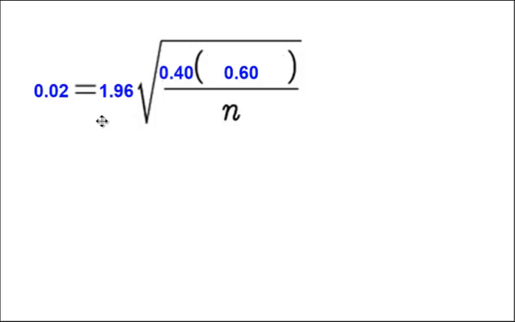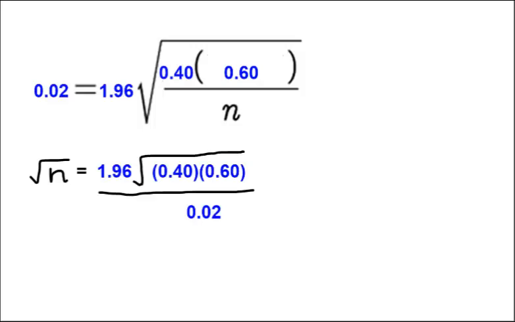This time, we're not going to use 50% because they told us 40% in a previous poll. So we'll use 0.4 for our sample proportion, and 1 minus 0.4 gives us 0.6 for our q hat. Now we are ready to solve for n.